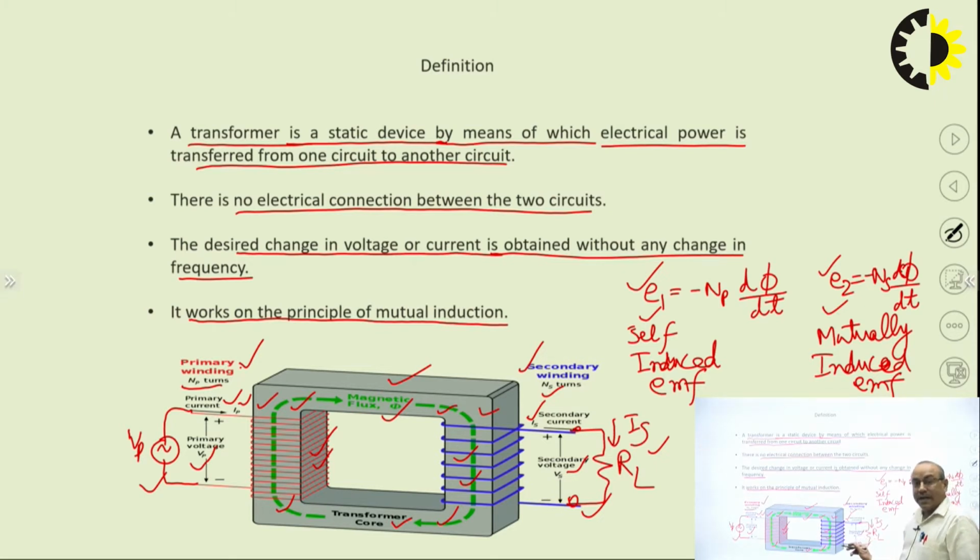So, only the induced EMF will be there, and no power will be there at the secondary side if it is kept open circuit. Power transfer takes place when the secondary side circuit is also a closed, complete circuit.